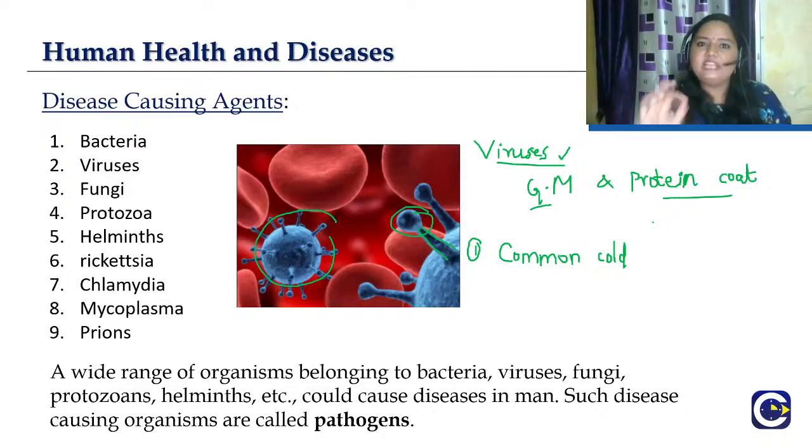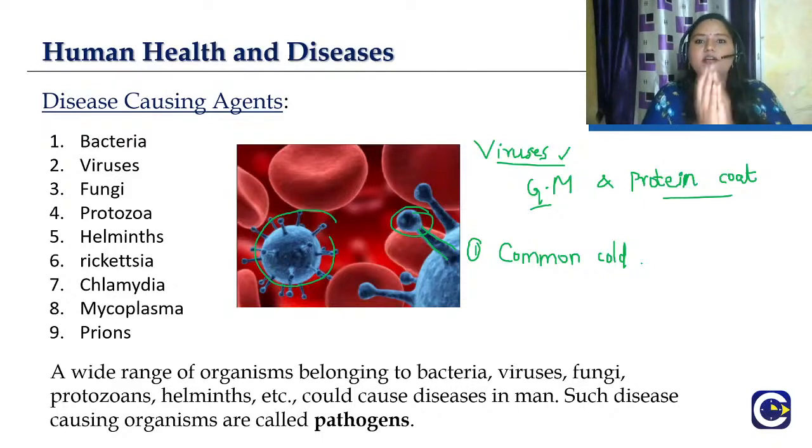Any viral infection cannot be treated directly by antibiotics, just like how we treat bacterial or fungal infection. Viruses are very, very smart because they do not live outside the cell. They live inside the cell of the host. They use the machinery of the living cell, our own body cell.